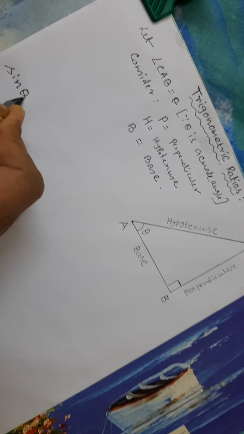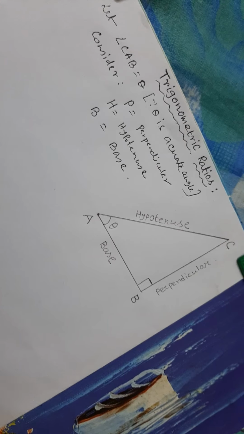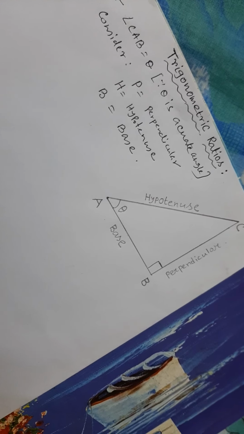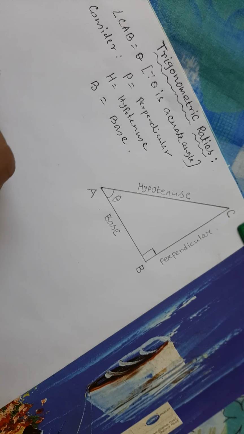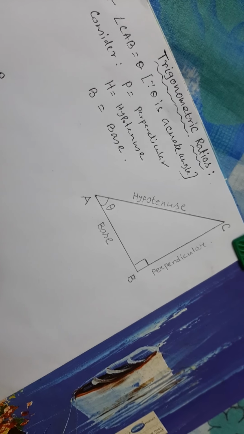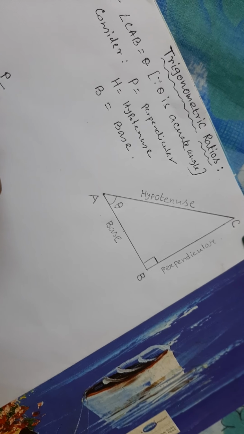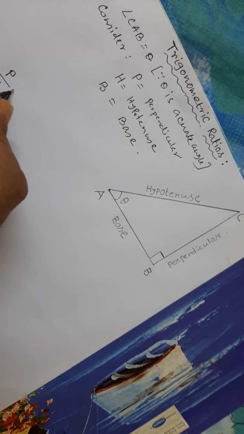The first ratio is sine, sine theta with respect to angle theta. So what is sine theta? Sine theta equal to perpendicular by hypotenuse, that is P by H. It is the ratio of these two sides, perpendicular and hypotenuse.